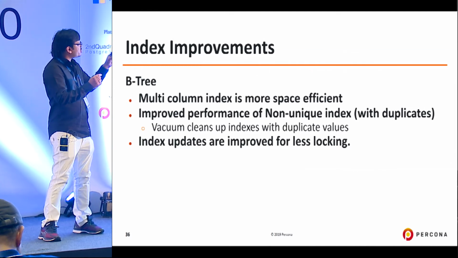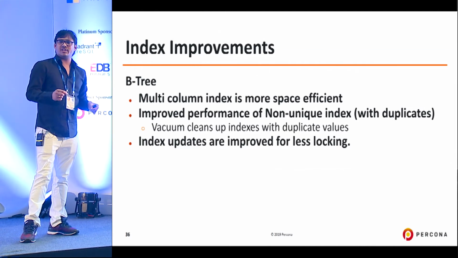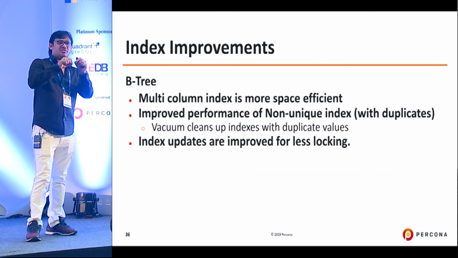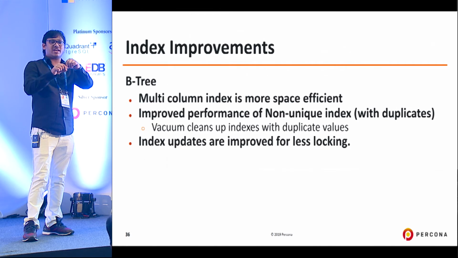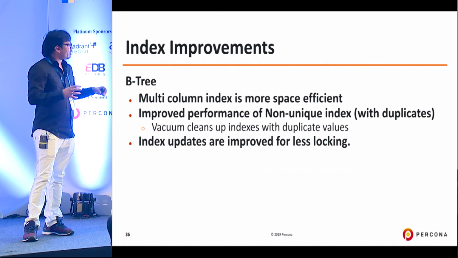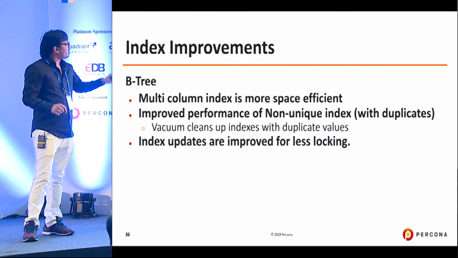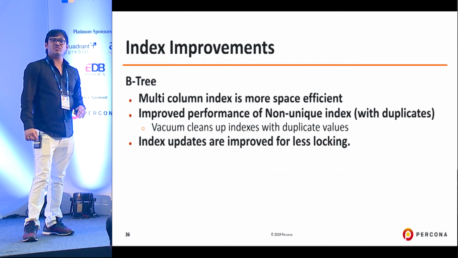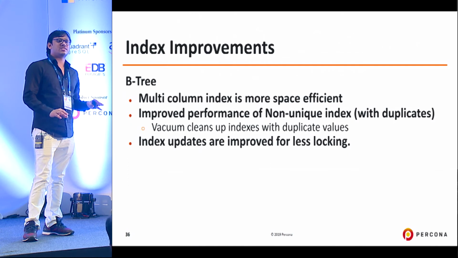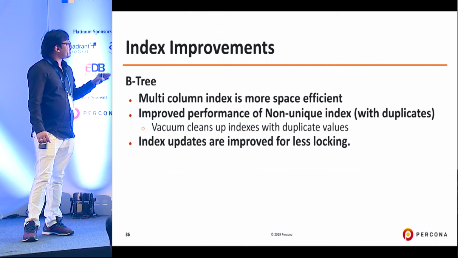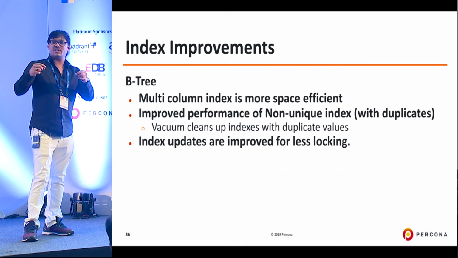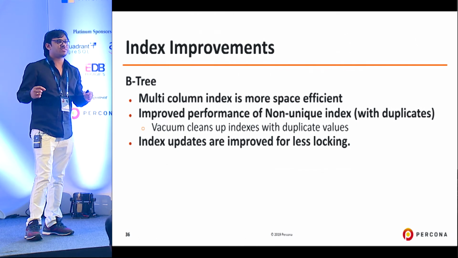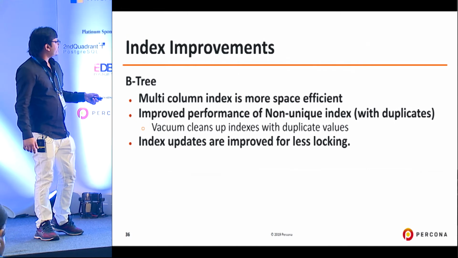The space used by those indexes is reduced because for duplicates it just uses multiple pointers to the same duplicate record, so you don't have to store it twice, and even vacuum cleans up the indexes with duplicate values. So everything is optimized in the best way in terms of indexing. When you create an index, you see an index taking very little space with PostgreSQL.